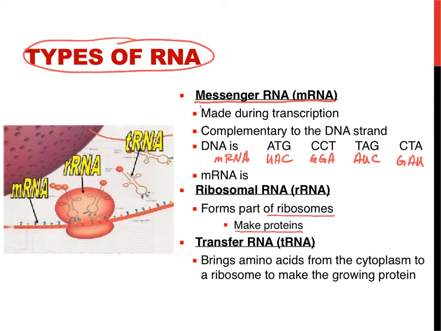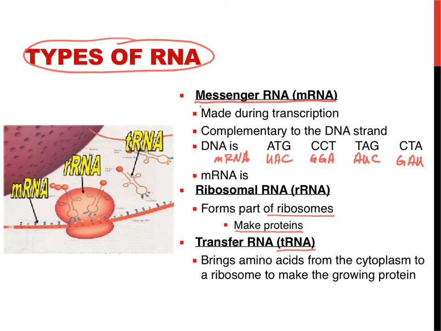Transfer RNA, or tRNA, brings amino acids from the cytoplasm to a ribosome to make the growing protein. So all 3 of these types of RNA are necessary for protein synthesis or gene expression. They just all have different jobs, different parts to this whole process of gene expression.